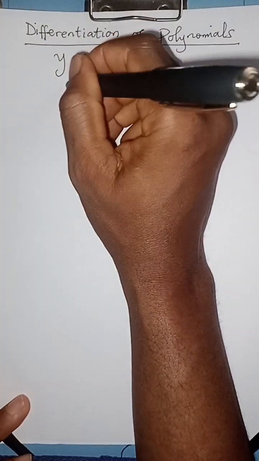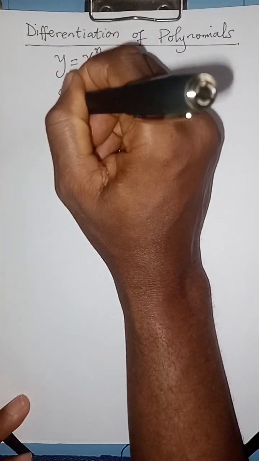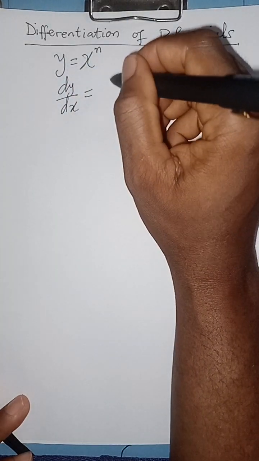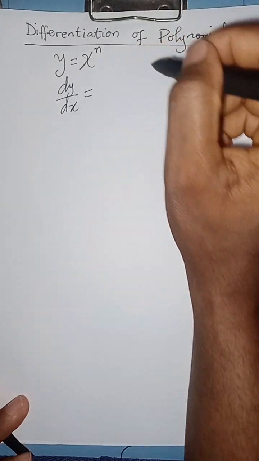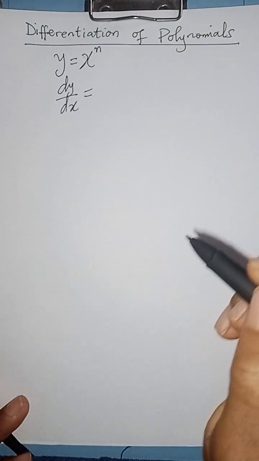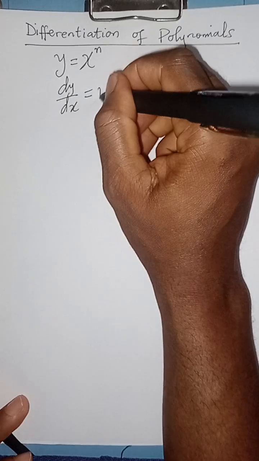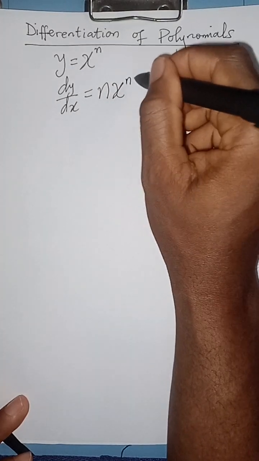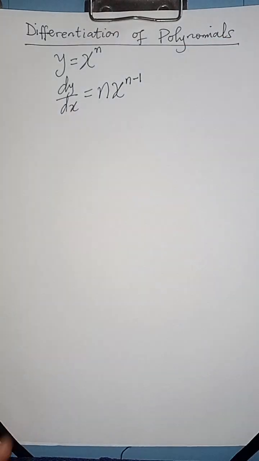So what do I do when I'm asked to differentiate? It simply means a reduction of powers. A very simple term for us to understand this. So the guiding formula is this: dy/dx will be equal to, now I'm going to take the power to the side, which is n, and reduce the power by 1.